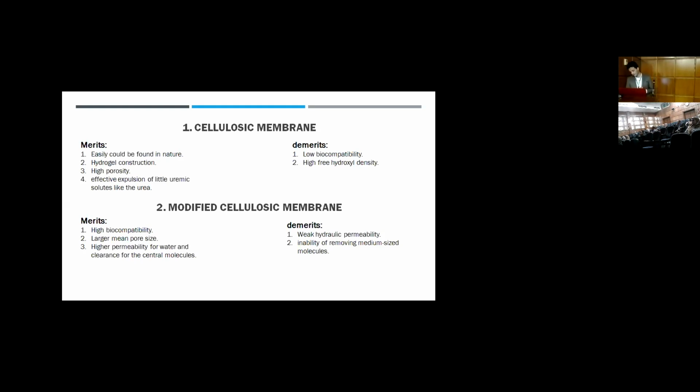Then scientists made some more modifications on this kind of membrane to solve these demerits, but it's still not used because it has a very bad disadvantage: it couldn't filter the medium-sized impurities that could be found in blood.